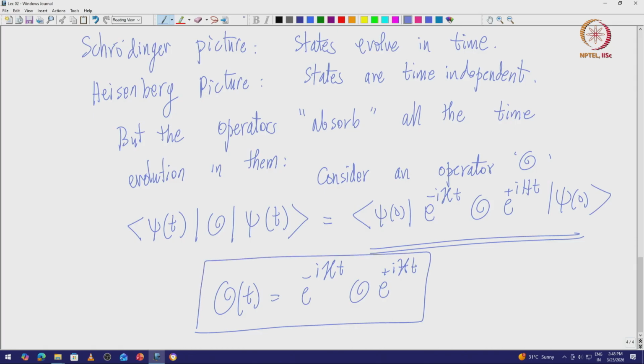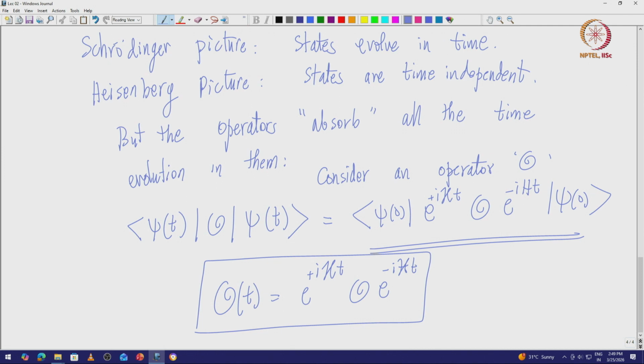If it is a state which is evolving in time, you only have one e power iHt coming for the state, and if it is an operator you have both sides coming with e power iHt. I think I made a mistake with the minus sign here, but this should be correct. So, the operators evolve in time in the Heisenberg picture.